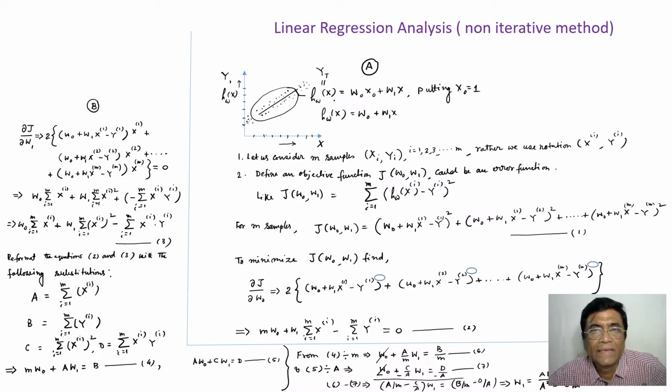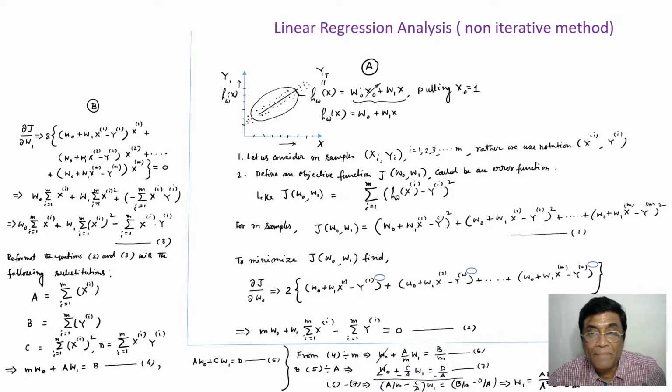So, seeing the training data, I decide that this will be my model, a linear line. So w0 x0 plus w1 x. In machine learning, x0 is normally set equal to 1, and it is called a fictitious feature.